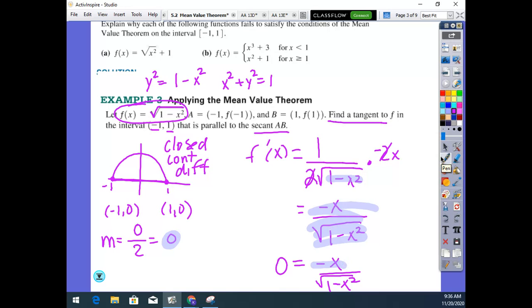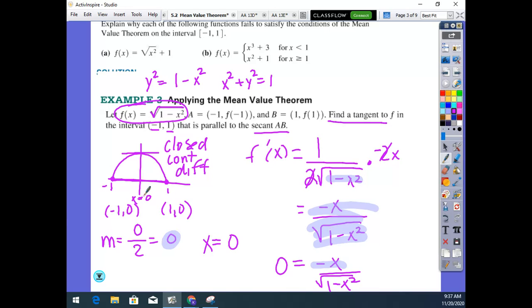So this is basically telling me the point that this takes on, a 0 slope, is when x equals 0. So that would make sense because the top of that circle has a 0 slope, and that happens at x equals 0.